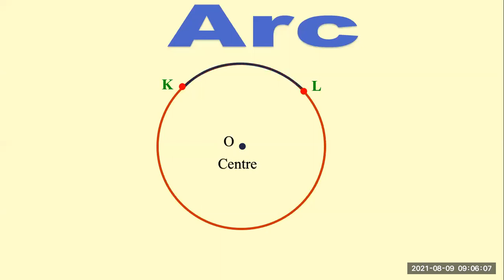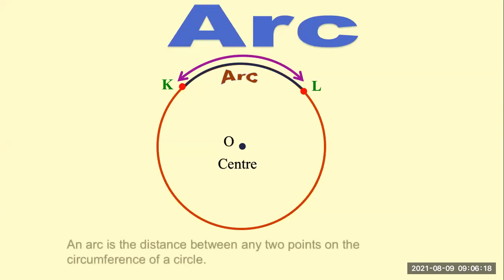Now, there are pieces, some smaller, some bigger. The small pieces are called the minor arc, and the larger piece is called the major arc. All right. And here is the definition. An arc is the distance between any 2 points on the circumference of a circle. So if you draw any 2 points, the distance will be the length of the arc.